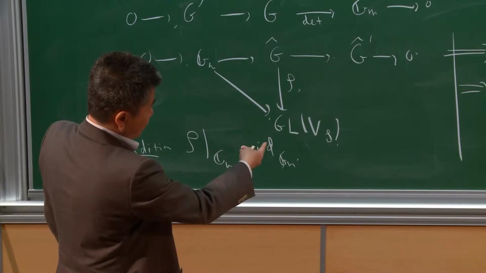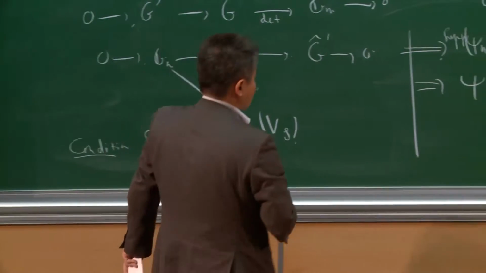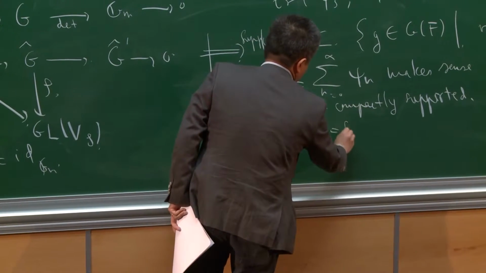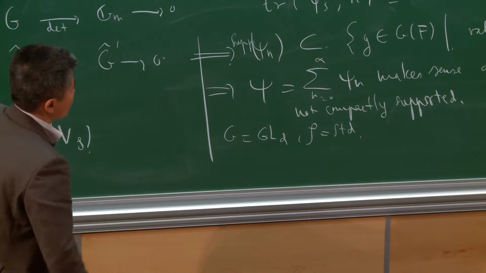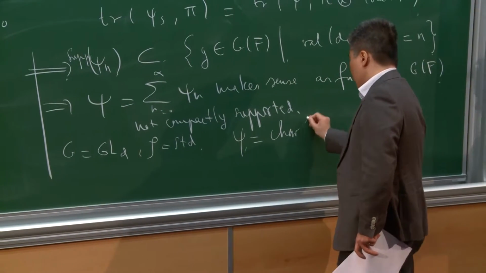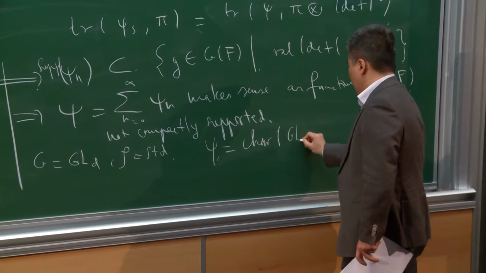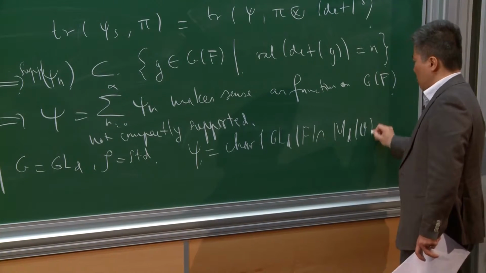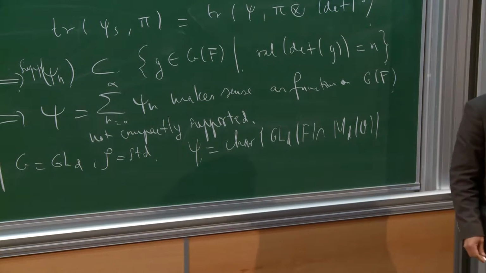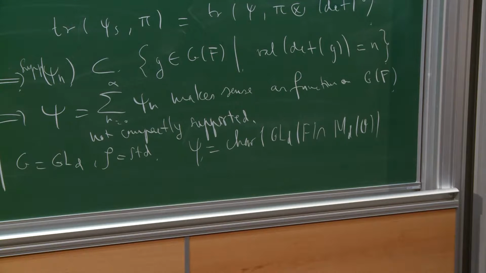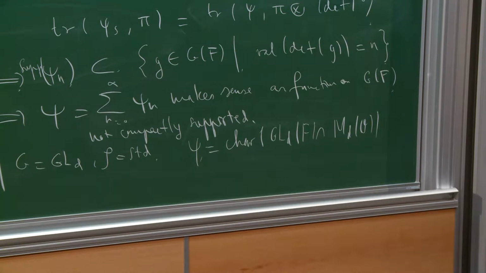Historically, this function looks very familiar, because when G is GL_n and rho is the standard representation of the dual group, then psi is the characteristic function of GL_n(F) intersected with the matrices M_n(O). So it's basically just the characteristic function of the integral matrices. This is the single case where the function is simple.